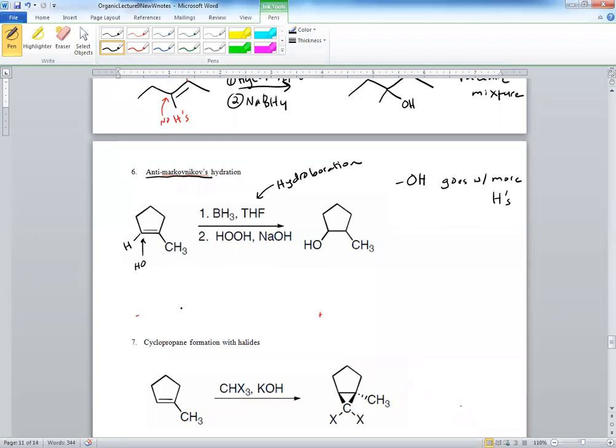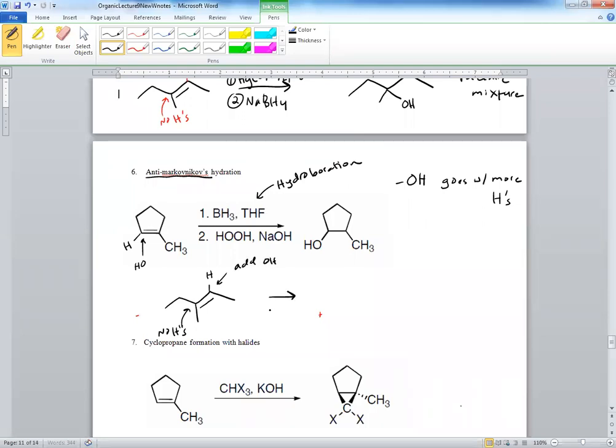There is a complicated mechanism for this, so I'm not going to go over it. But once again, this one has an H. This one has no hydrogens. So therefore, I'm going to add my hydroxy group to this carbon right there. Add OH.